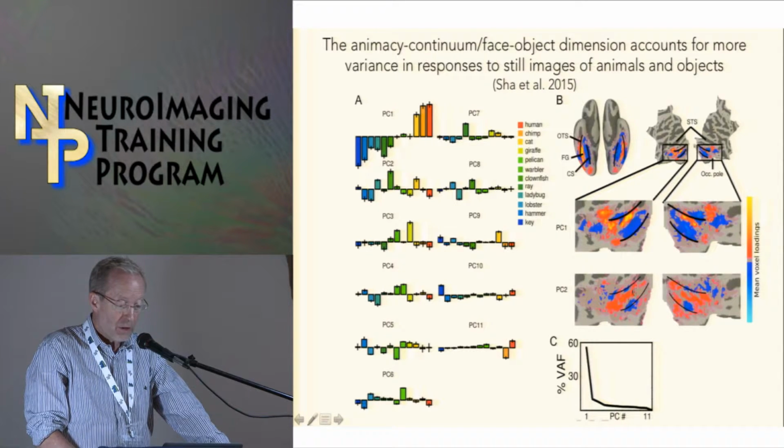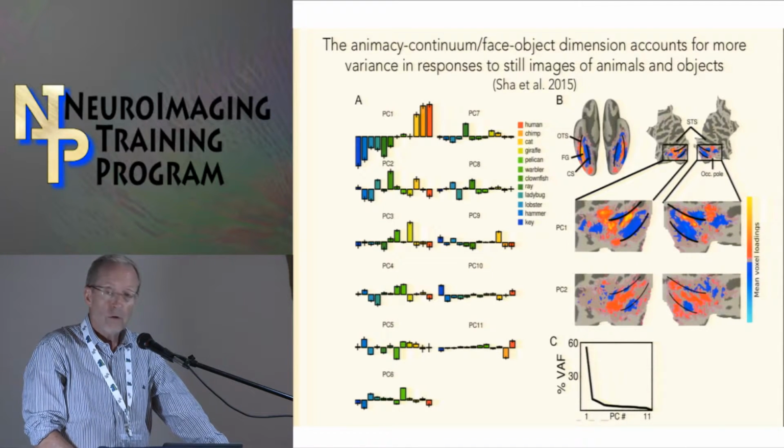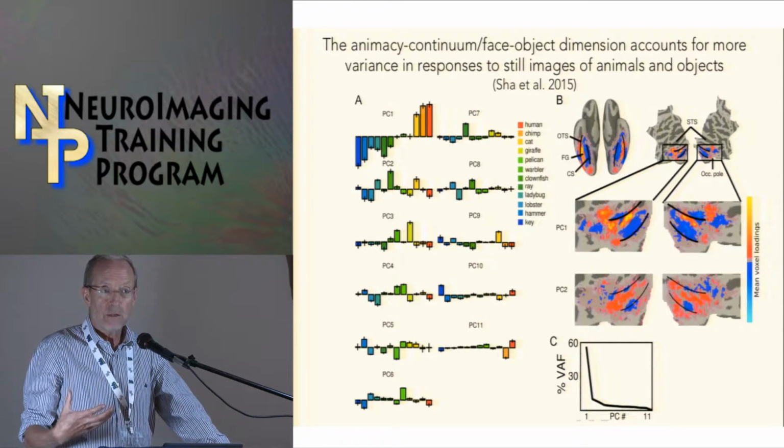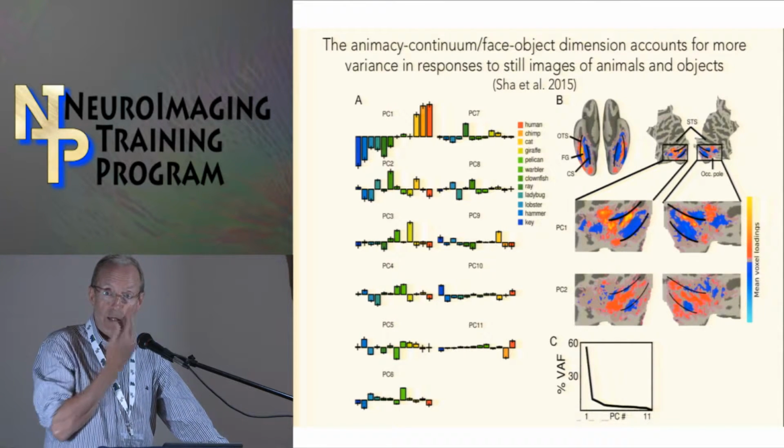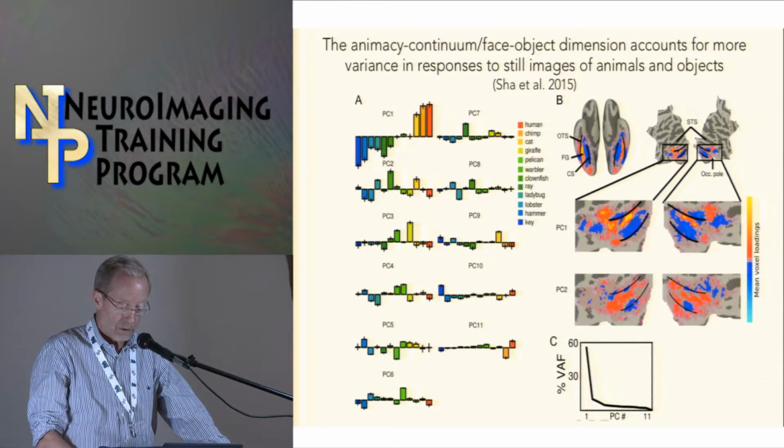And this first dimension has the topography of the animate-inanimate distinction, or the Animacy continuum. So when you look at the variety of responses to still images, that particular dimension is accounting for more of the variance. But as soon as you use a more natural dynamic stimulus, it's a much smaller portion of the variance.